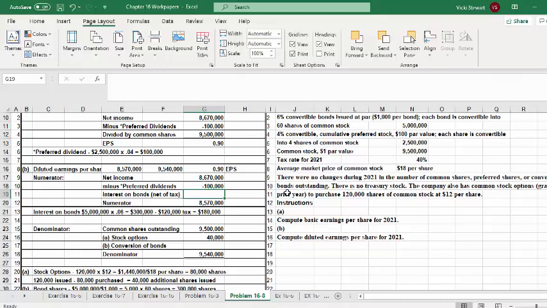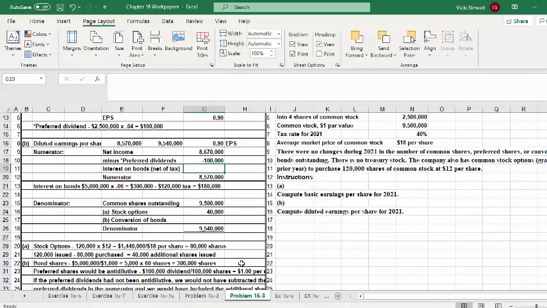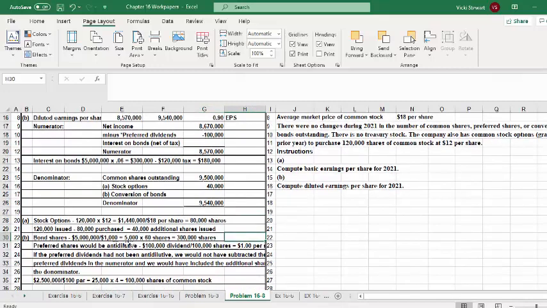But we have to calculate the denominator first to determine whether or not the bonds are dilutive or anti-dilutive. Remember, we only include them if they're going to make earnings per share go down. So we would look at the number of shares that, if we convert the bonds, the additional common shares that would be issued. The face value of the bonds is $5 million. We divide that by $1,000 each to get the number of bonds. So there are 5,000 bonds outstanding.